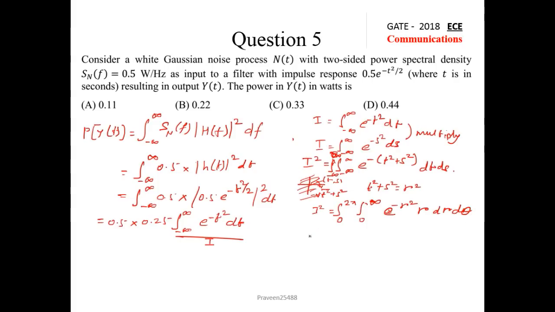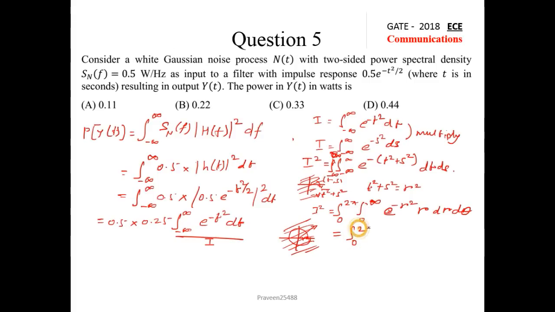So here you will see that if there is an angle theta from 0 to 2 pi, and the radius r of a circle is from 0 to infinity, this will also cover the full area. Now we will simplify this. We'll perform the integration with respect to r here.